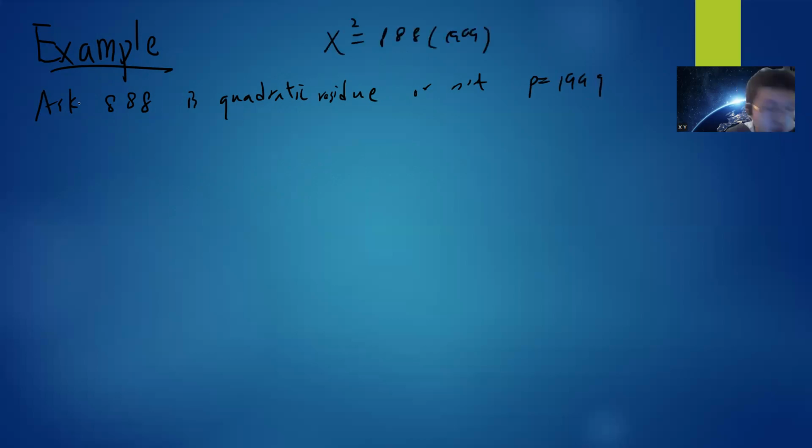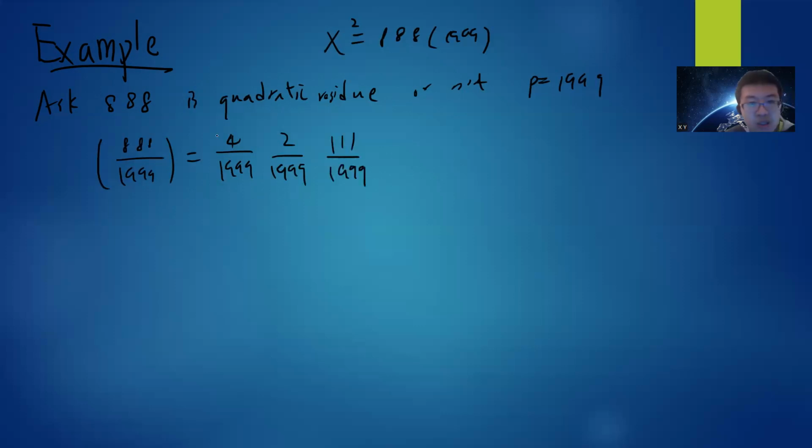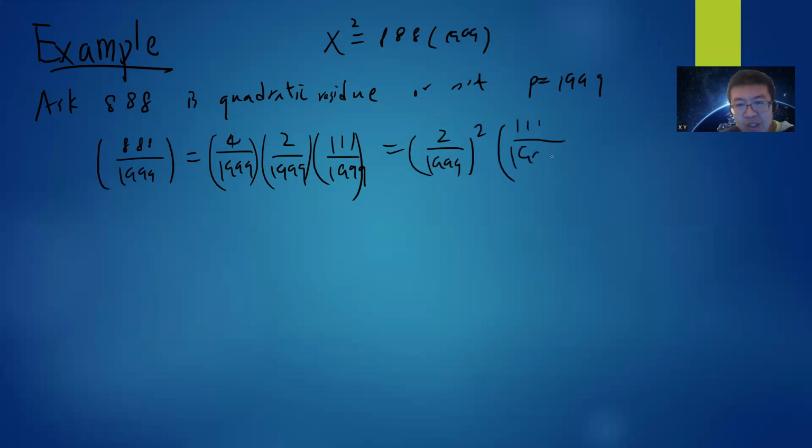Okay, so the idea is you compute the Jacobi symbol of 8 over 1999. The idea is that you factorize: 8 is 2 times 2 times 2, so it's the symbol of 2 over 1999, cubed.